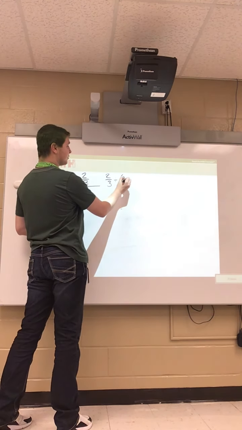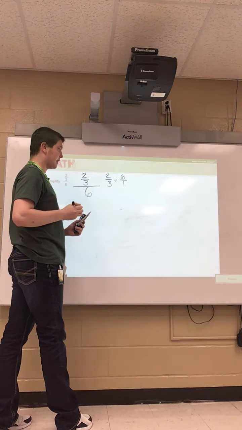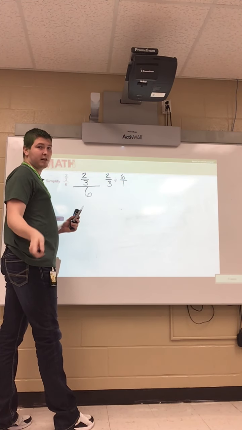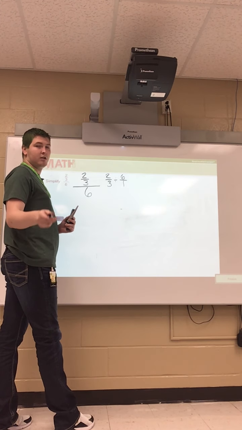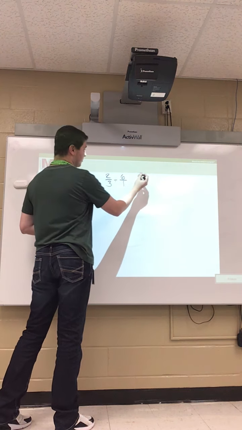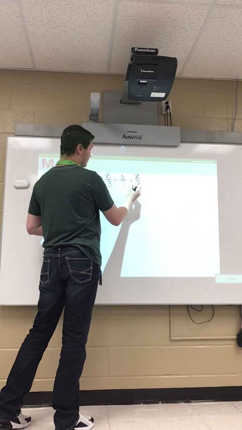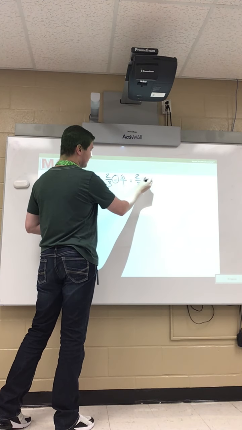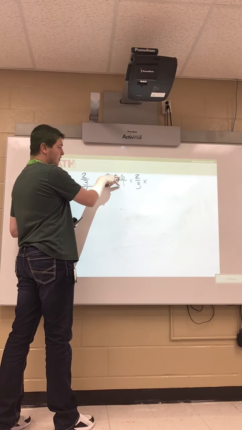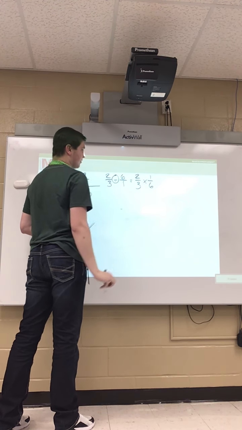This is a whole number, so we can just rewrite it 6/1. Now remember, switch and flip. Keep 2/3. Switch that division sign to multiplication and flip 6/1 to be 1/6.